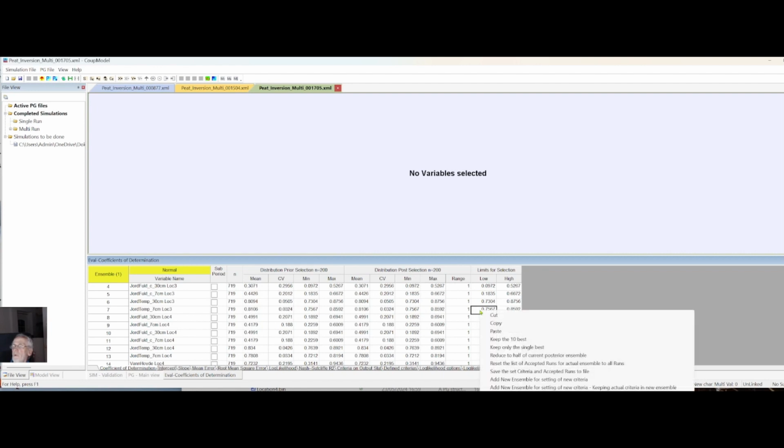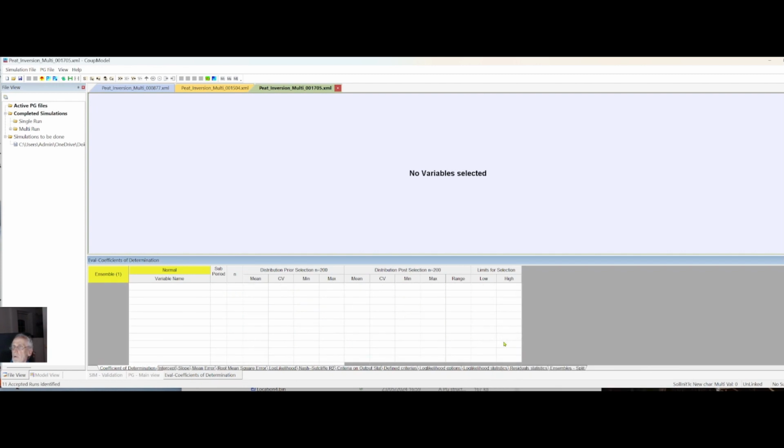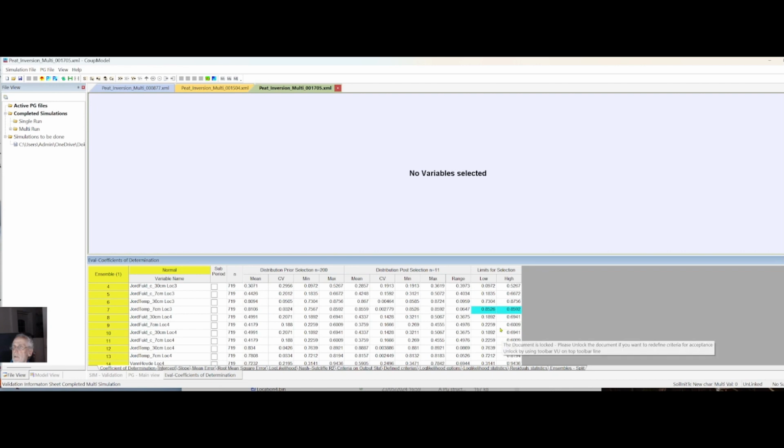And then if you right click, you could do a new selection, not the 200, but you could keep only the 10 best. And then it gives you values of what are the R-square that corresponds to the 10 best.